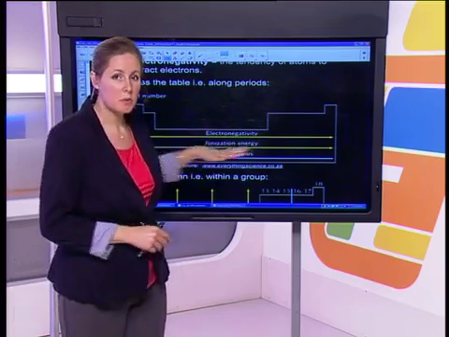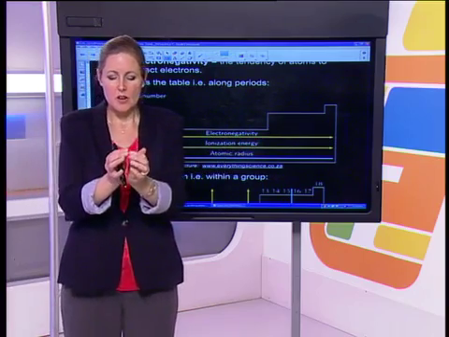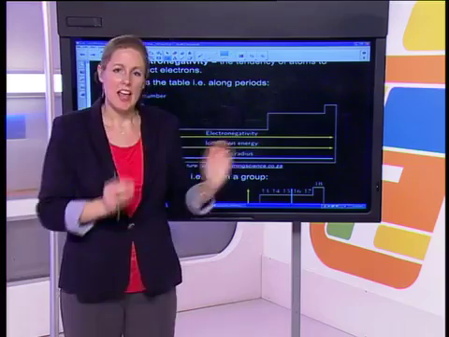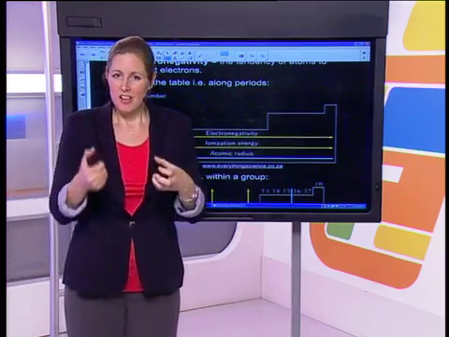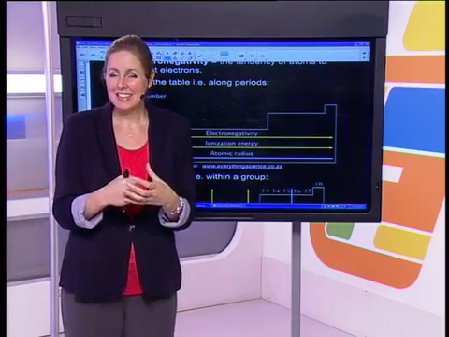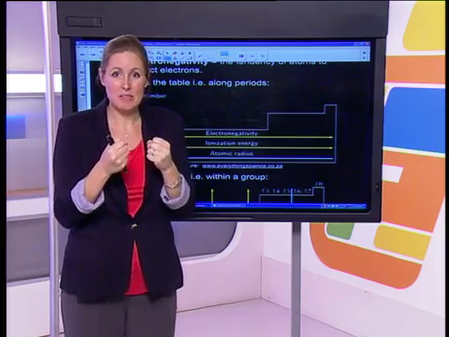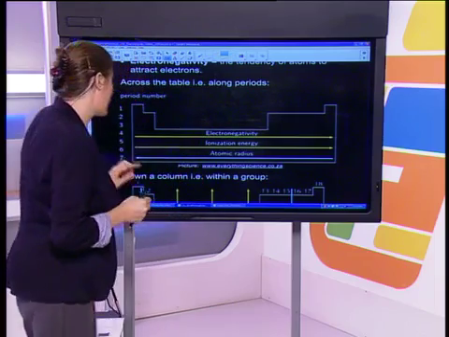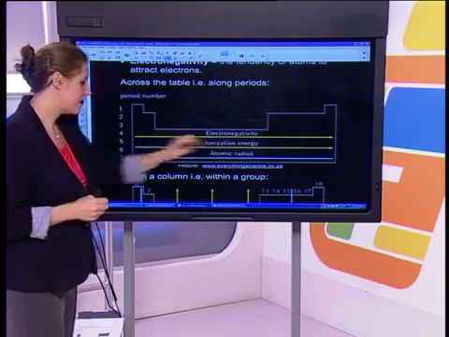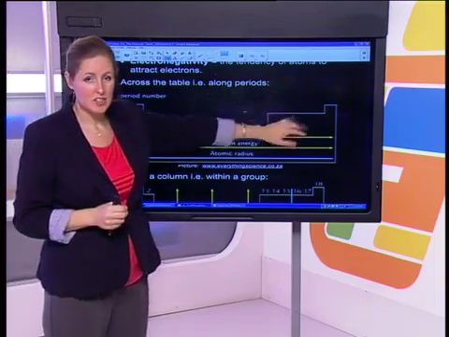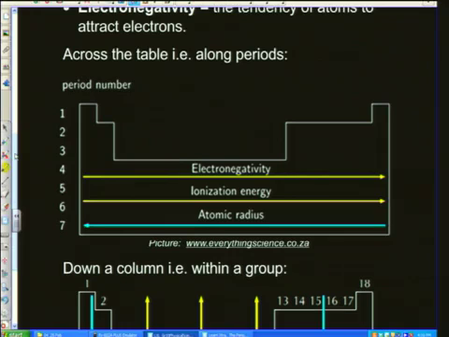The third period will all have 3 energy levels. Within that energy level, as you go further along, there are more protons inside the nucleus, and so they're attracting more and more to those outer electrons. Ionization energy would also be very high towards the right-hand side, and atomic radius would be high on the left-hand side. So these are trends. Think through them and be able to explain each of them.